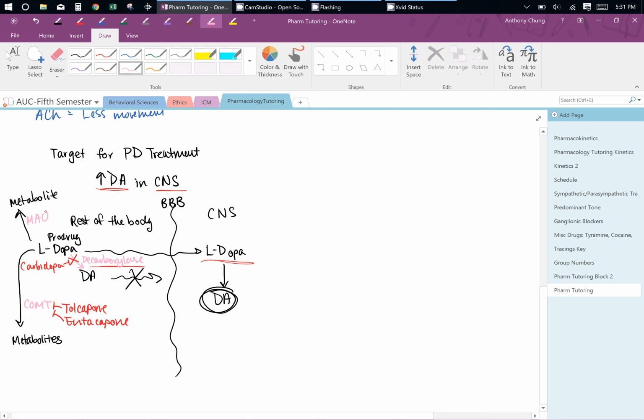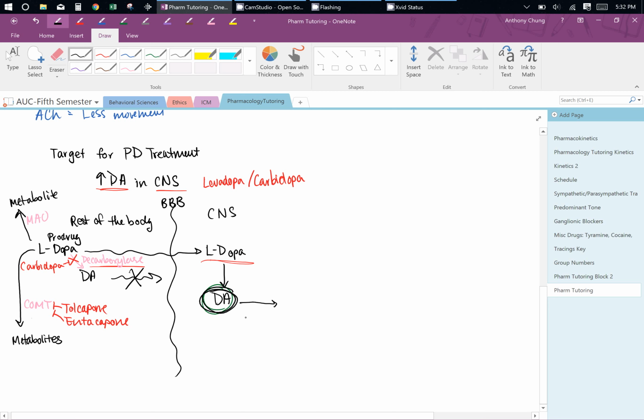Okay, so once it's in the CNS, we have all these drugs that will help the levodopa get into the CNS. So you can think of it as levodopa and carbidopa, right? These two are used together to get the levodopa into the CNS. And now when it's in the CNS, you also want this dopamine to last as long as possible. So you also want to prevent the breakdown here.